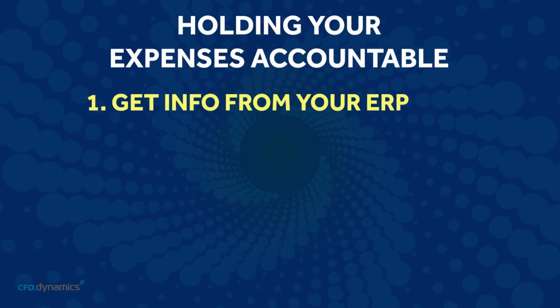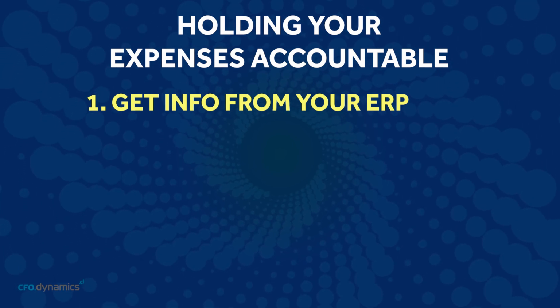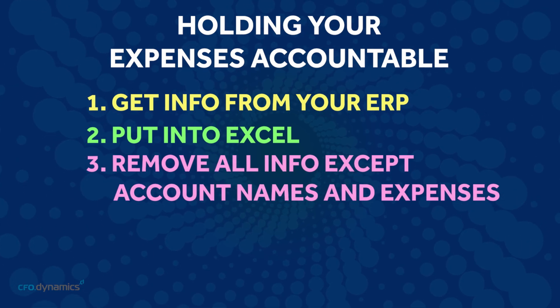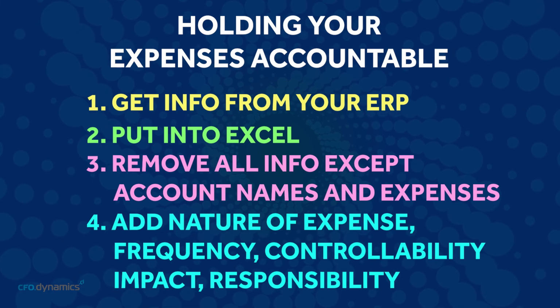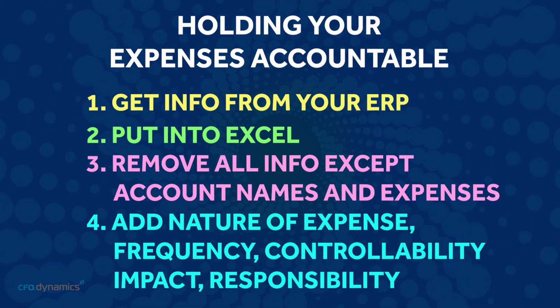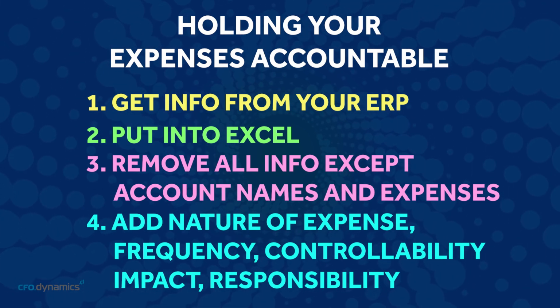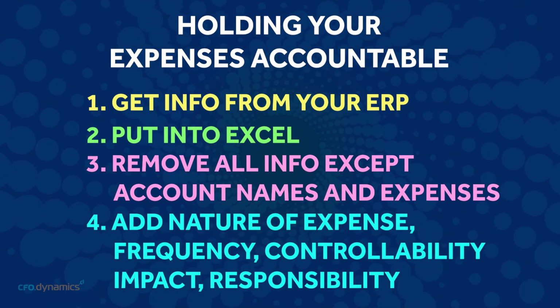So in summary, this is what we need to do. Get your information out of your finance system, put it into Excel, get rid of all the information except for the name of the expense accounts. Firstly, look at the nature of the expense. Is it compliance? Is it investment? Is it people? Is it materials? How frequently are we going to review those expenses? Is it daily? And the only things we're probably going to look at daily would be material type expenses. Is it going to be monthly?